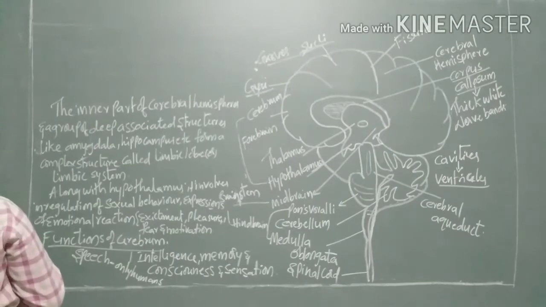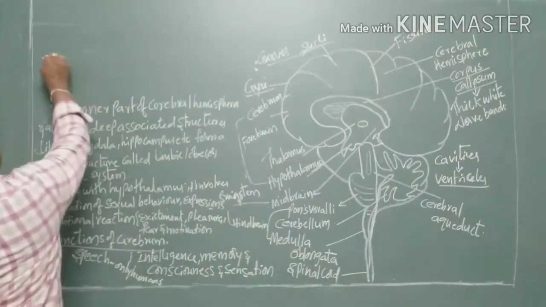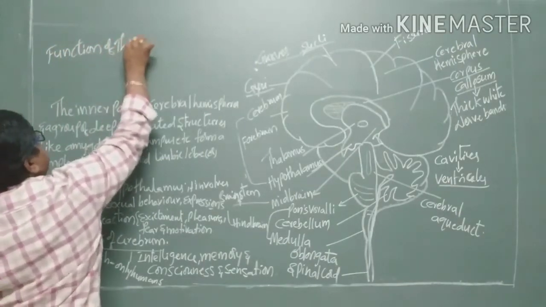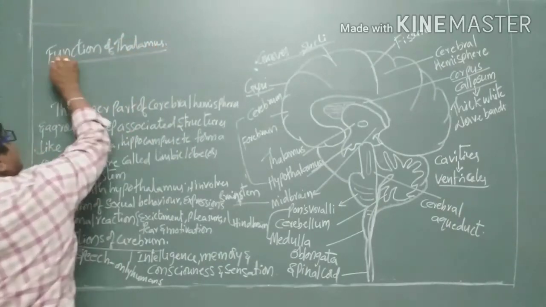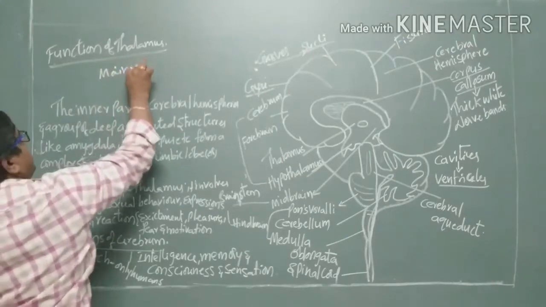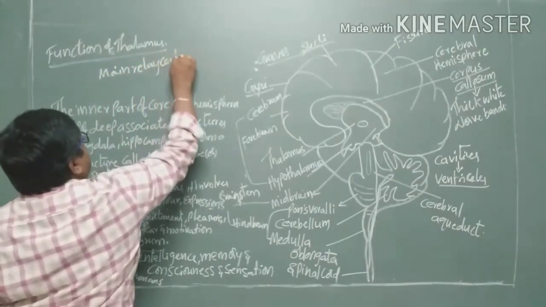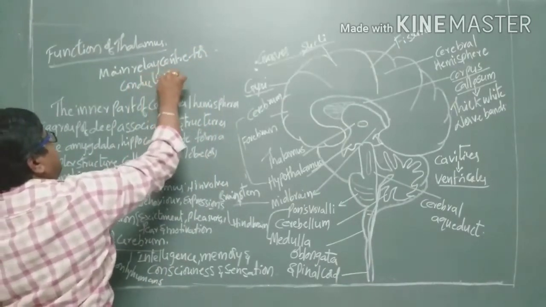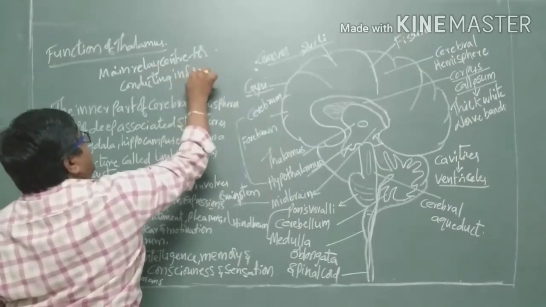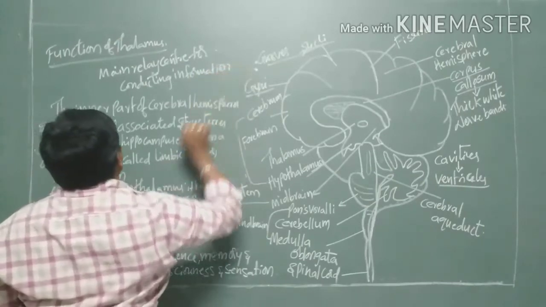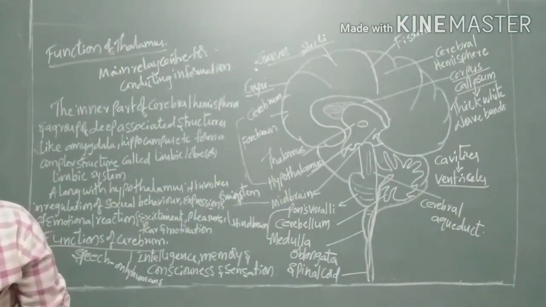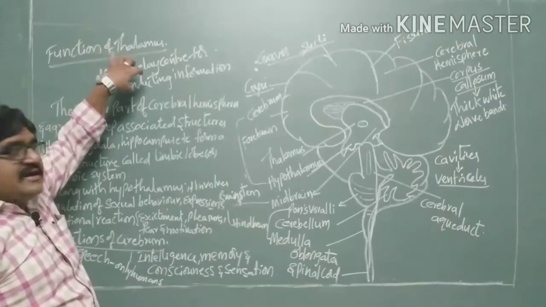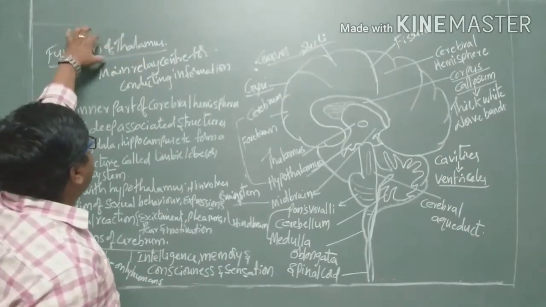The main function of the thalamus is to act as the main relay center for conducting information.